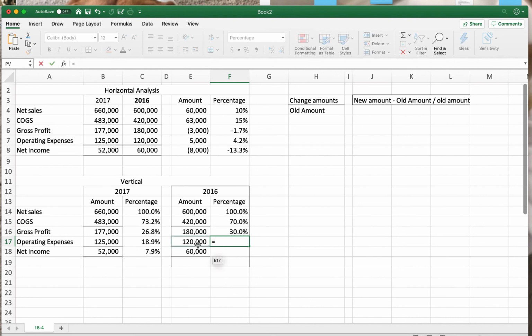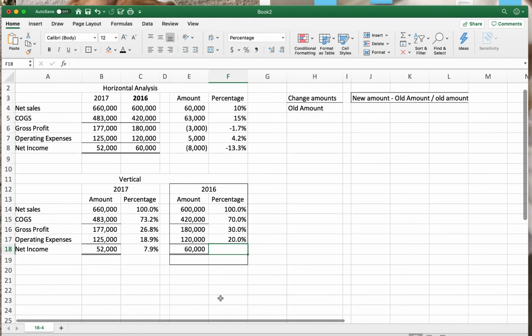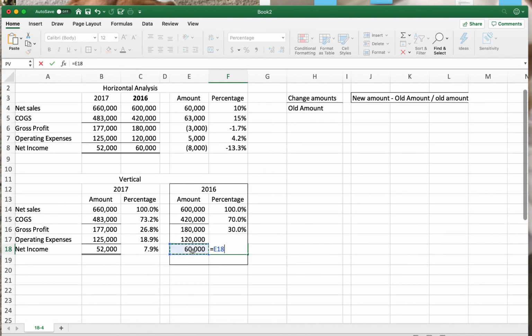We do the same thing with our operating expenses. Divide them again by 2016 net sales, 20%. And then we do the same thing with net income, and we get 10%. So in 2016, for every dollar we sold, 10 cents of that ended up being net income, okay?